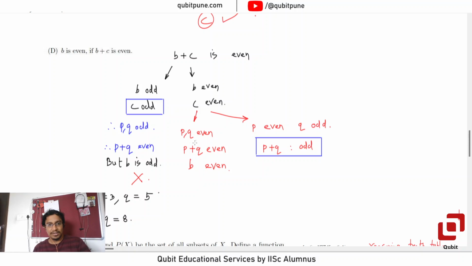Now let's consider this possibility, P and Q even: P 2, Q 4, P plus Q will be 6. Let's consider one even, one odd. P plus Q will be 5, PQ will be 6.